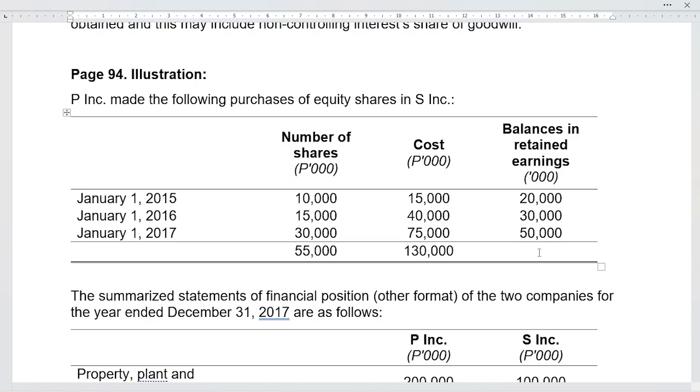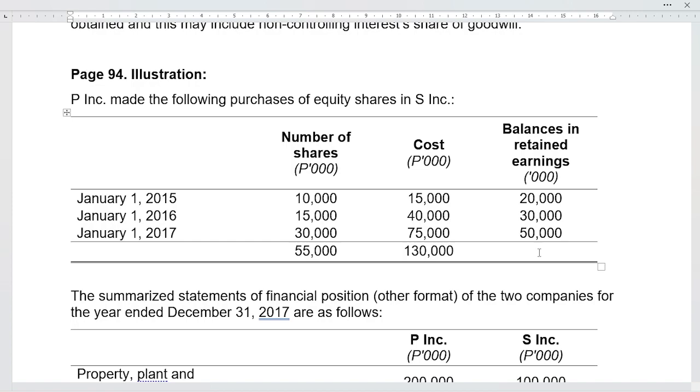Ngayon, as of December 31, 2017, magkano ang income ni S? 80,000 minus 50, 30,000. So sa 30,000 na yon, magkano ang pwede mong i-allocate kay P? 55%.